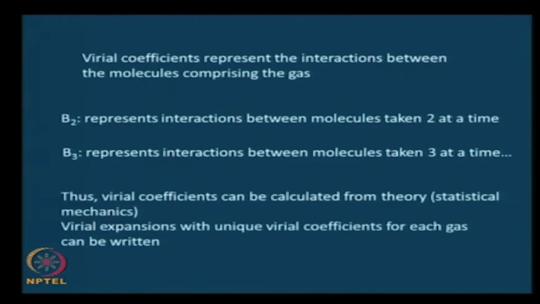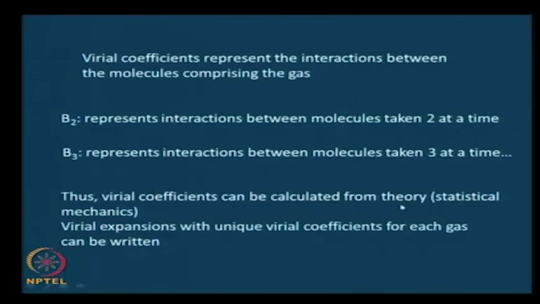Statistical mechanics looks at the way of counting and accounting for molecular properties and molecular doings, and their relationship to macroscopic properties such as internal energy, entropy and so on. So from very basic theory, we can calculate B2 and B3.